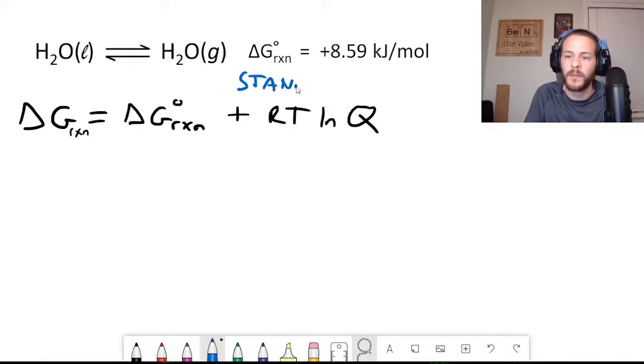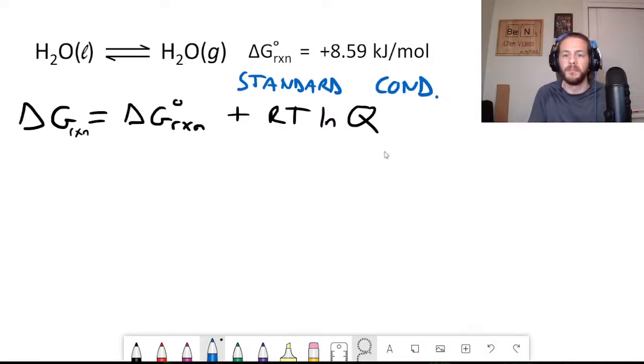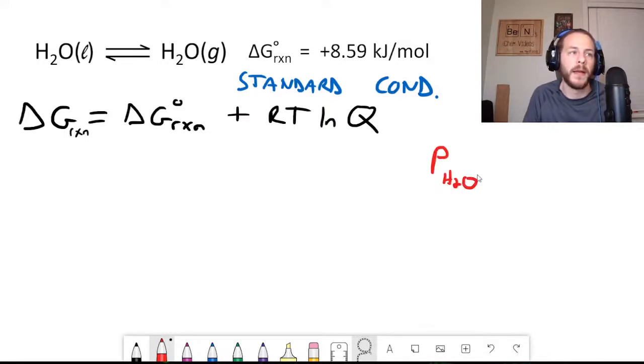Standard conditions. I'll just put COND for short, right? So if we are at standard conditions, that means that the pressure of this water vapor here, in other words, I'll call that P sub H2O, right? The pressure of that water vapor is equal to 1 atmosphere, right?